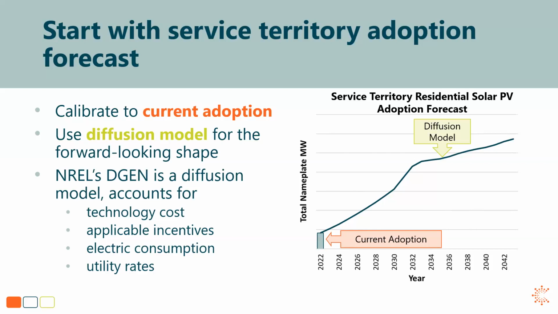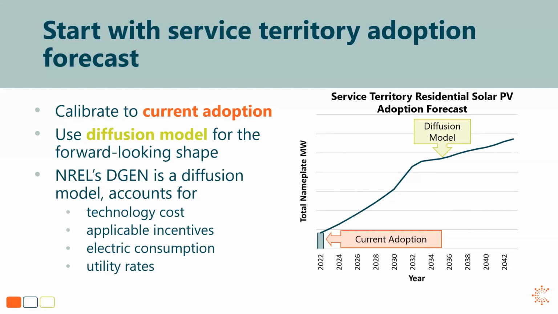Paritosh did a much more detailed job than I'm going to do here, but what that diffusion model does is account for the economics, technology costs, incentives, your utility rates, electric consumption, and so on. So this again gives us a service territory level forecast of adoption.